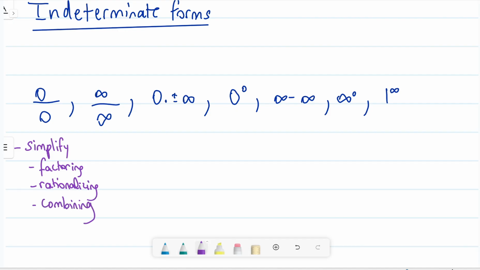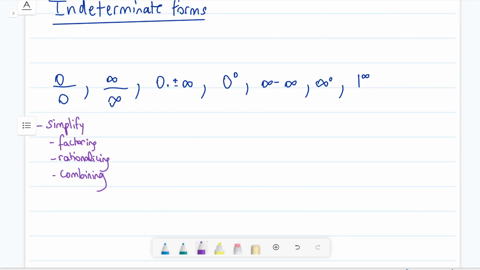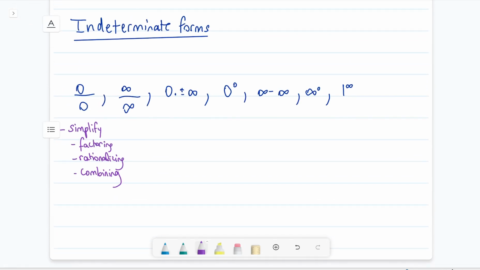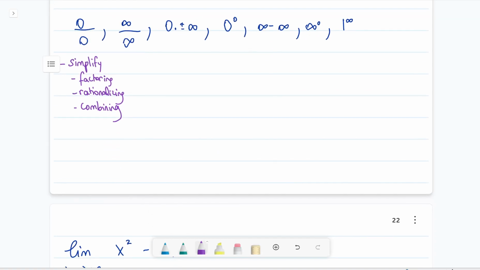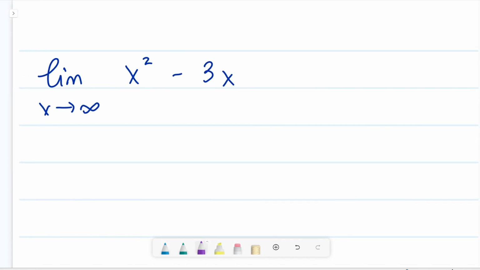However, what if we get infinity over infinity, 0 times infinity, 0 to the power of 0, infinity minus infinity, infinity to the power of 0, or 1 to the power of infinity? What should we do in such cases? Now we will see some examples in order to help us solve limits with infinity minus infinity and infinity over infinity. Let's start these problems and learn from them.